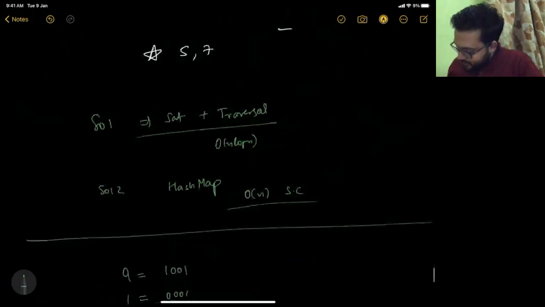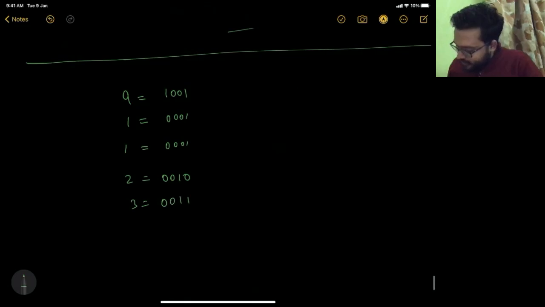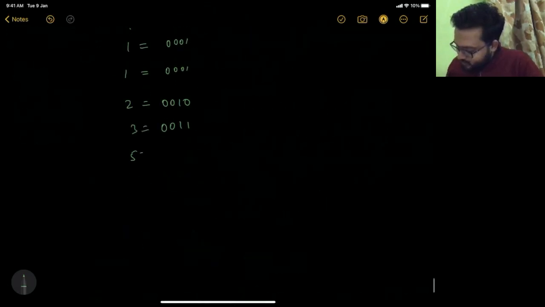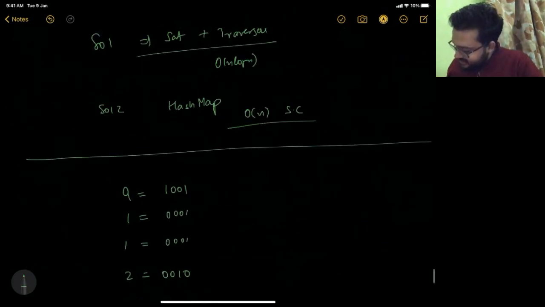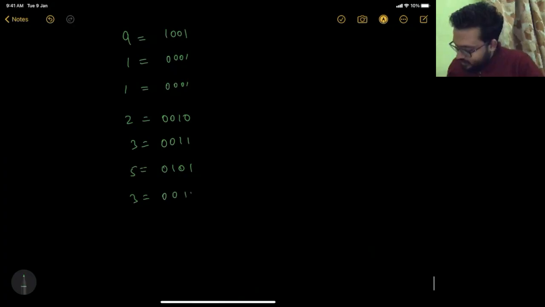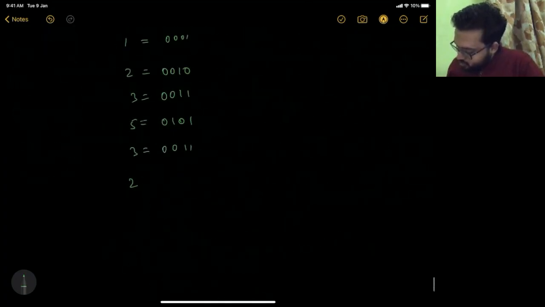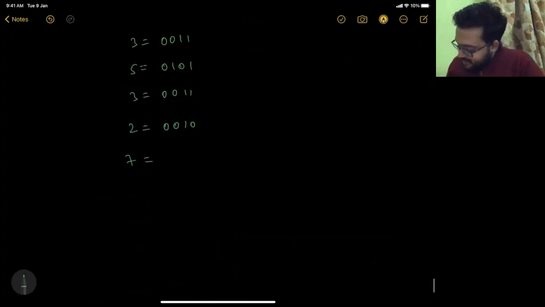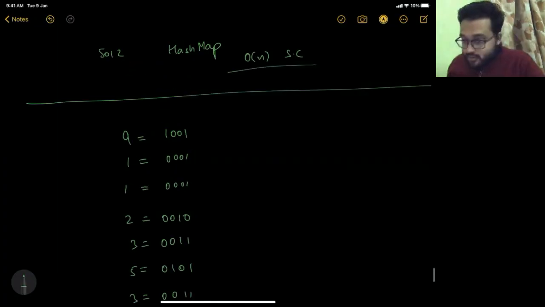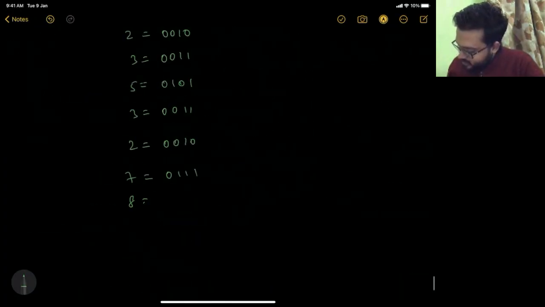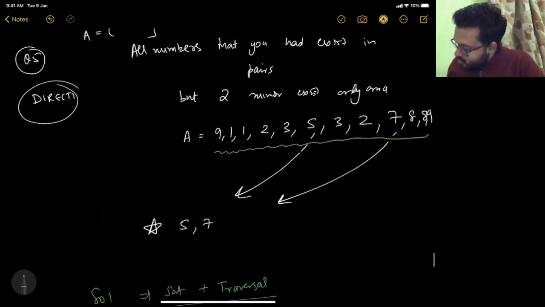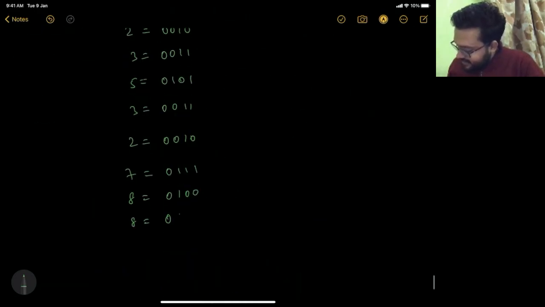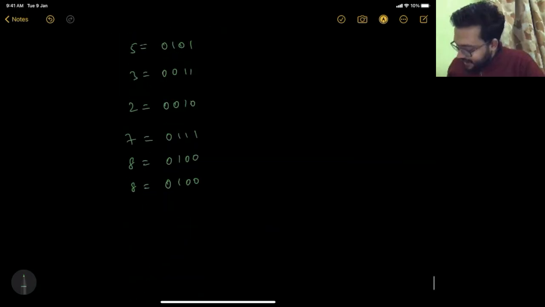I had 7, represented as 0111. Then I had 8, and I had another 8. Oh, sorry, 8 is not this. 8 should be 1000. Then I had a 9, represented as 1001. Is everybody with me? Any other mistake, guys, that I did? I hope no other mistake, right? I made a mistake in both the 8s, but I've solved that also.